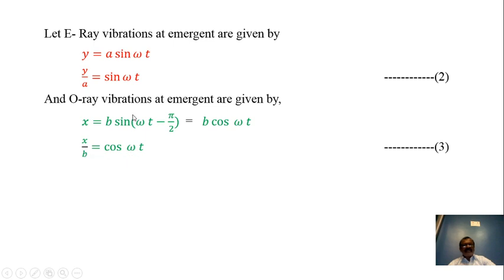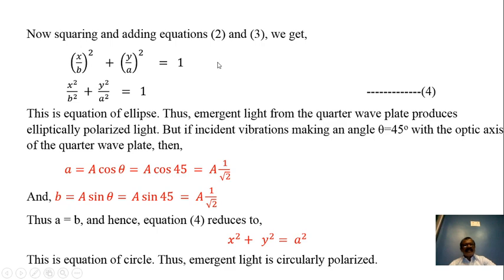If you add these 2 squares, you will get this square plus this square is equal to sine square omega t plus cos square omega t, that is 1. So we get it like this.